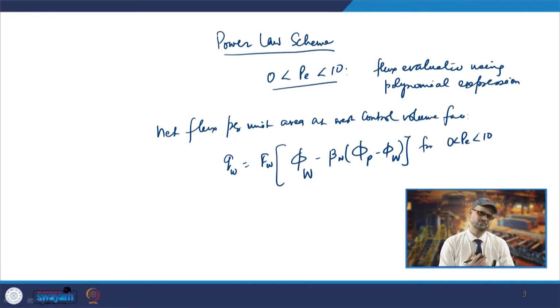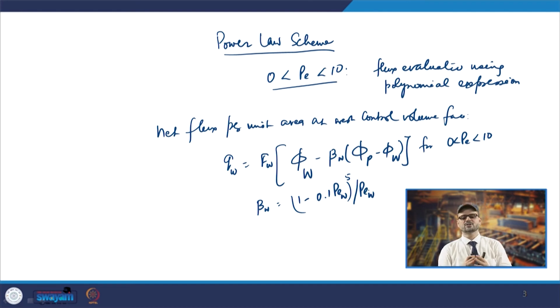So, that will again go to the upwind differentiation. In this case beta w is an expression, and that will be 1 minus 0.1 times Peclet at the west face, all raised to the power 5, divided by the Peclet number. So, this is how it depends, and that is why it is known as the power law.